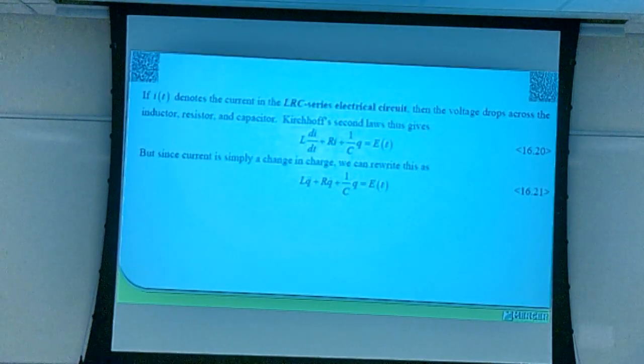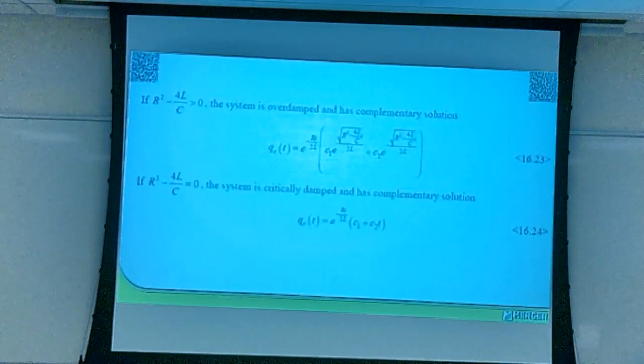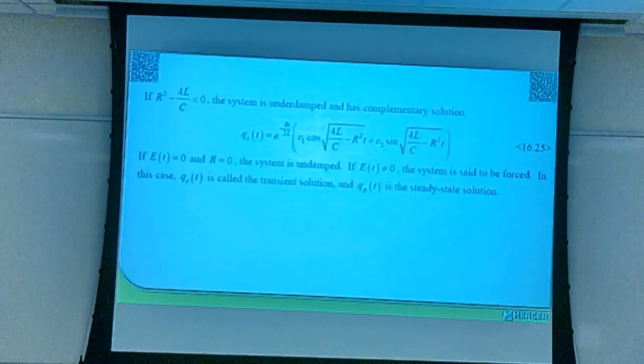L would be your inductance, R is your resistance, C is your capacitance, and E is the voltage, generally the voltage of the battery. And it goes into your three scenarios of overdamped, critically damped, underdamped.